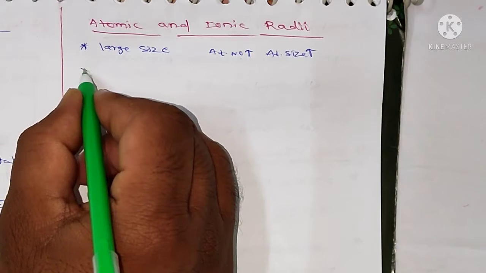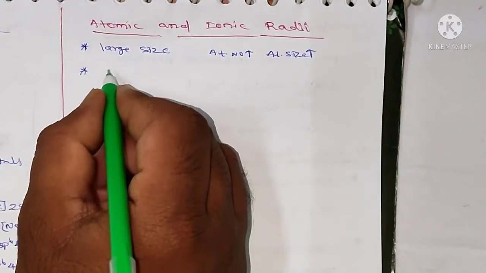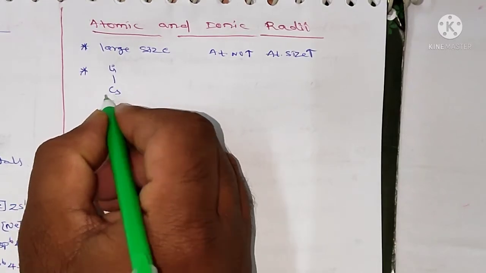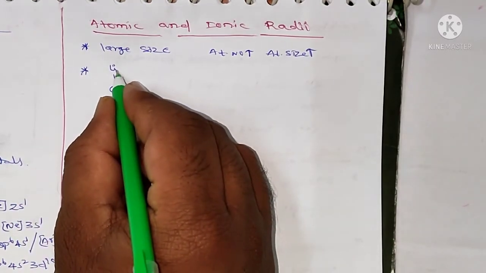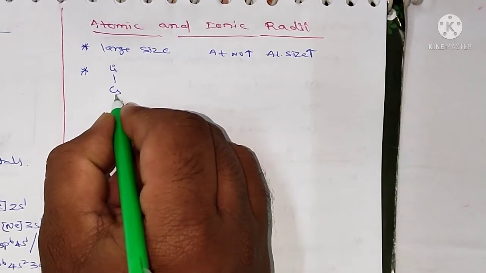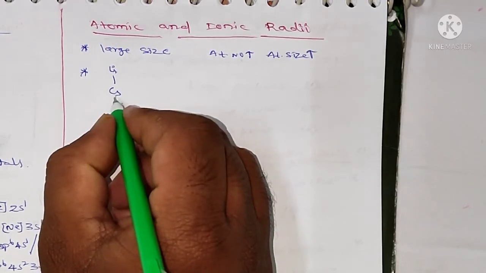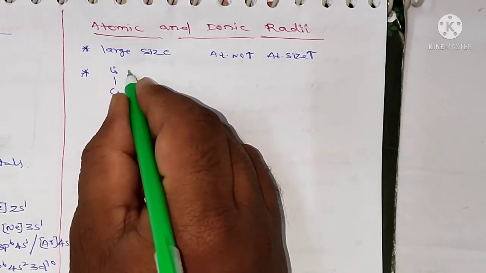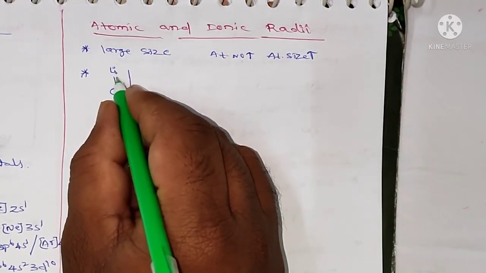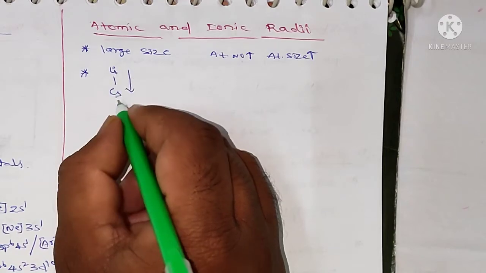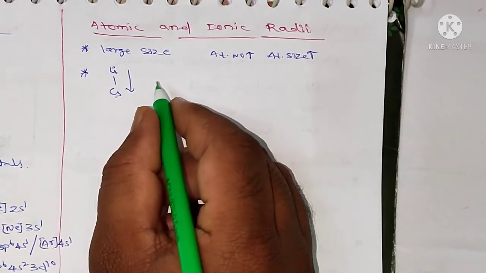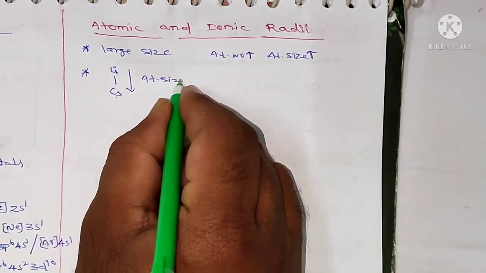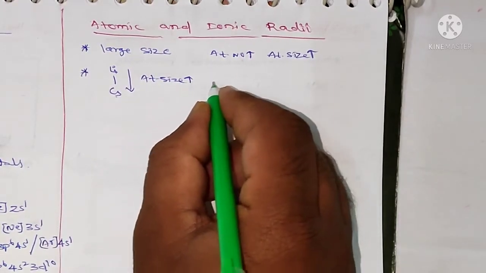When we go from top to bottom in a group, that is, from lithium to cesium, where the top element is lithium and the bottom element is cesium in the first group, the atomic size increases.